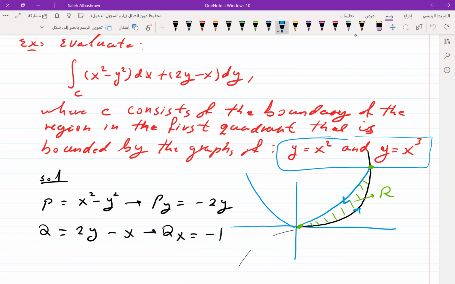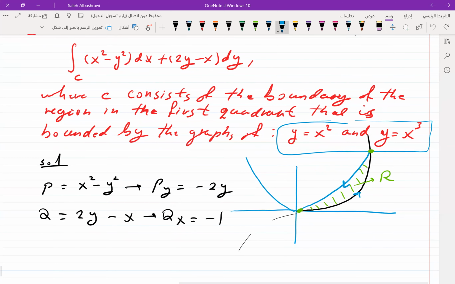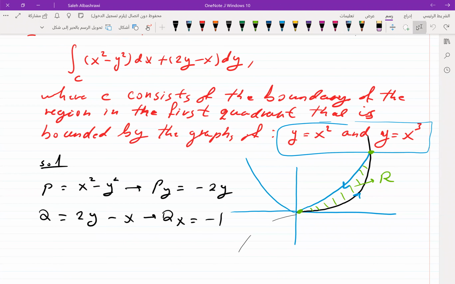We have continuous functions P of x, y and Q of x, y. All of them are continuous, R is a closed region, and oriented counterclockwise. So all the conditions for the Green theorem are satisfied. So the line integral can be converted to a double integral to evaluate.